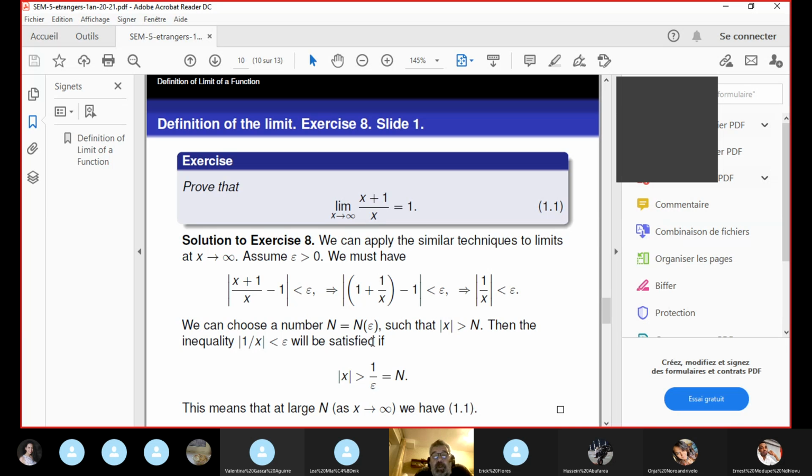So if I divide the numerator and denominator by x, I will have the following form of my fraction: 1 plus 1 over x. And as in the previous example, 1 over x goes to 0. So this limit will be 1.